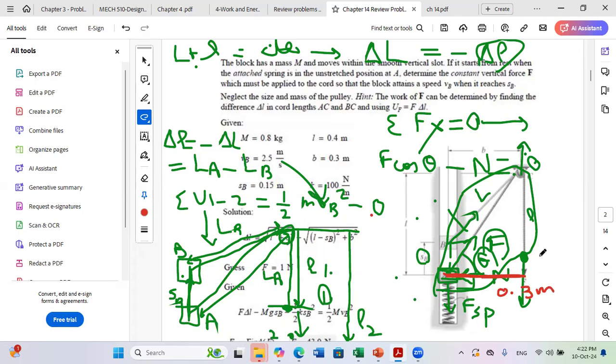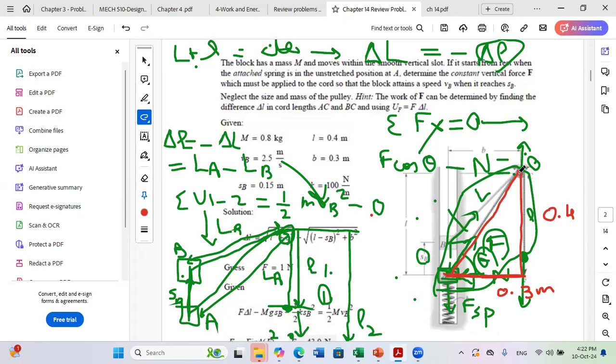And this distance was 0.4. So, this is a right triangle. You can find the value of this length by doing radical 0.4 square plus 0.3 square.